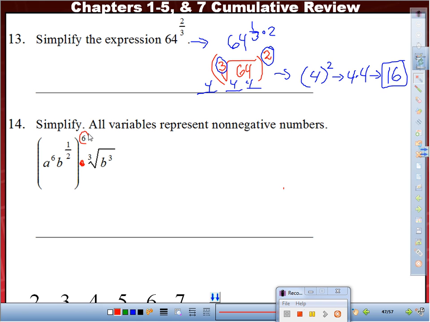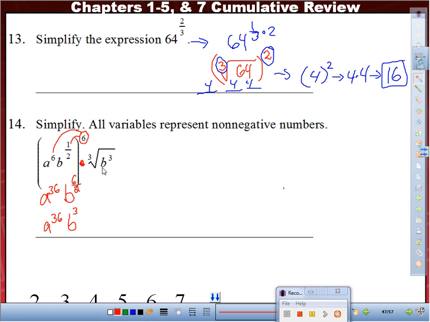We have an exponent outside, so we distribute it times each of the exponents inside. So this becomes a to the 36th power and b to the 6 over 2. Is that correct? From there, I simplify. A to the 36, b to the 6 divided by 2, that's 3.